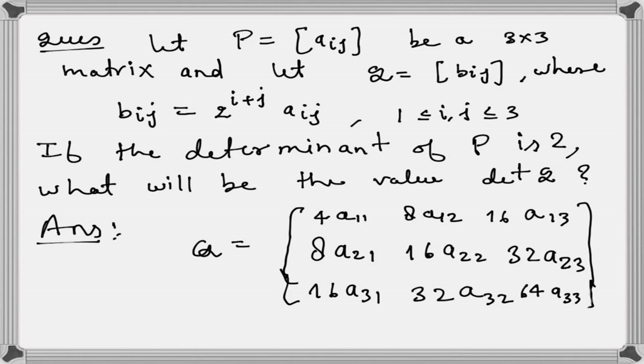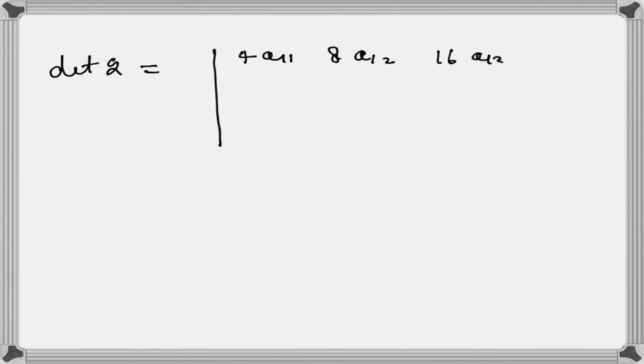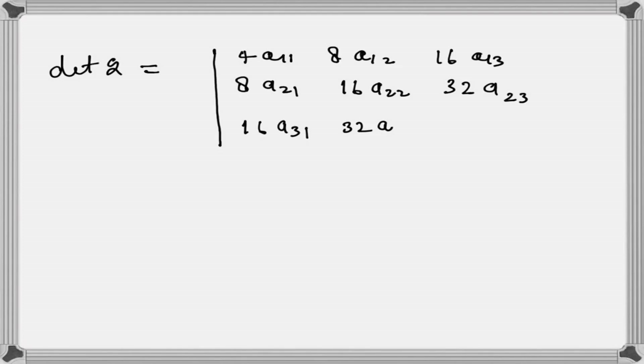Right, so let's find the determinant of Q. Determinant Q is equal to this: 4a11, 8a12, 16a13, 8a21, 16a22, 32a23, 16a31, 32a32, 64a33.